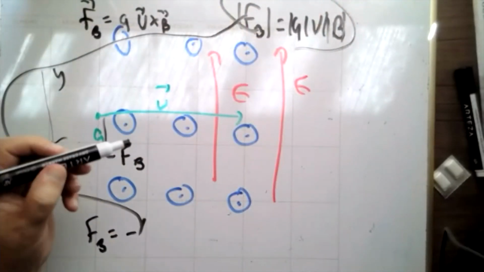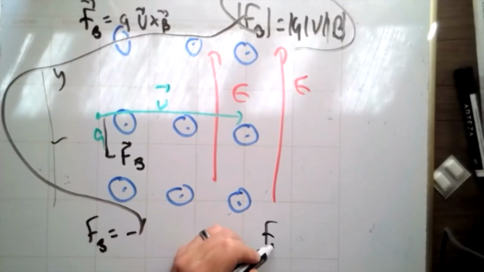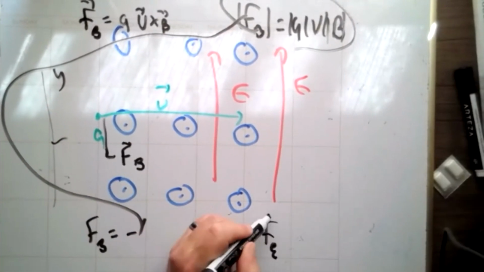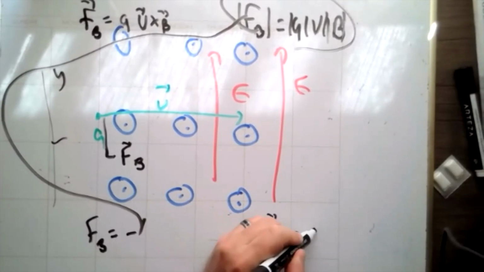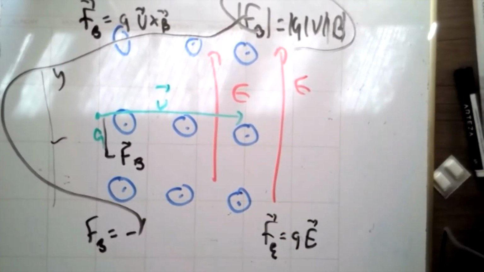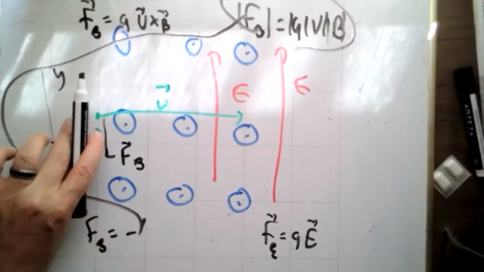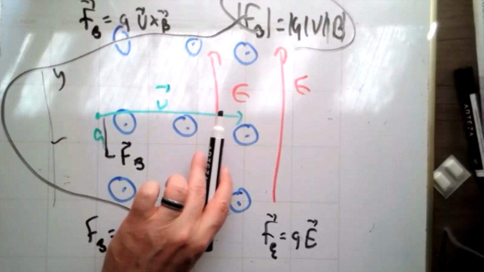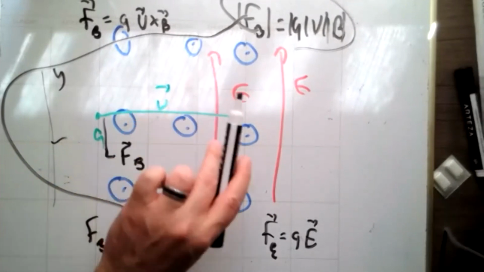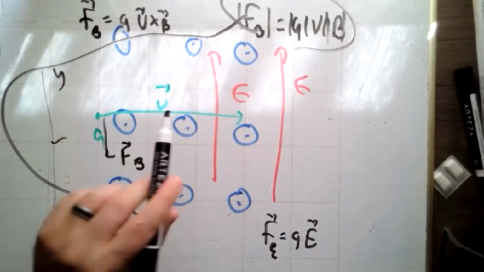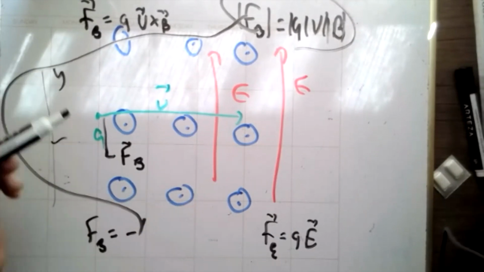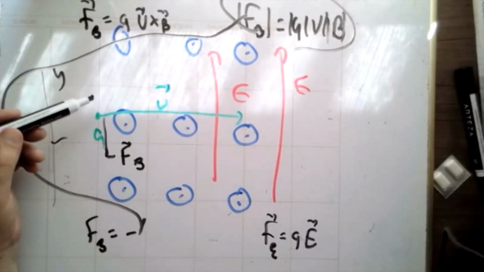Okay, what about the electric force? Fe is Q times the electric field. There's no cross product here. It's just Q times E. Q was positive, so the electric force points in the same direction as E. Magnetic forces are always perpendicular to your field.